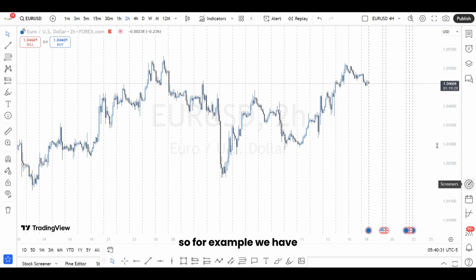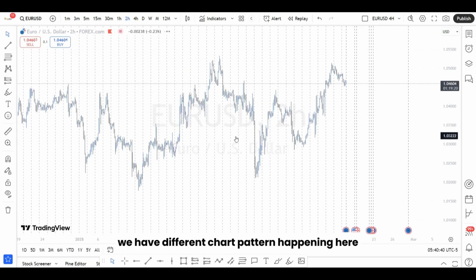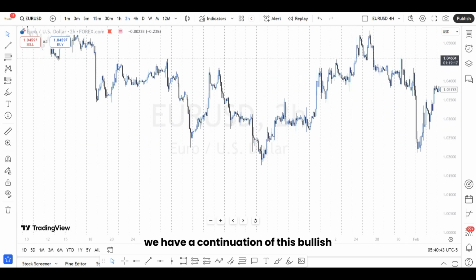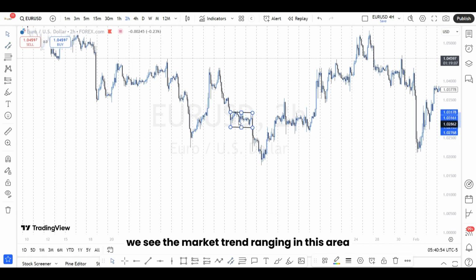So for example, this is still Euro USD. We have different chart patterns happening here. Now we can see in this area we have a continuation of this bearish flag chart pattern. We see the market trend ranging in this area.